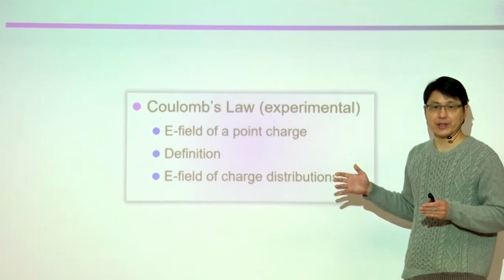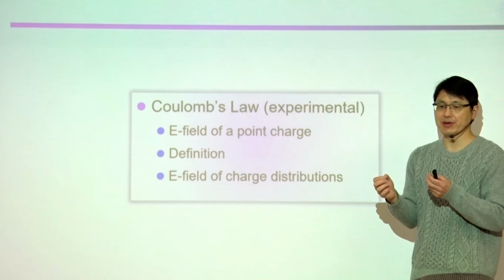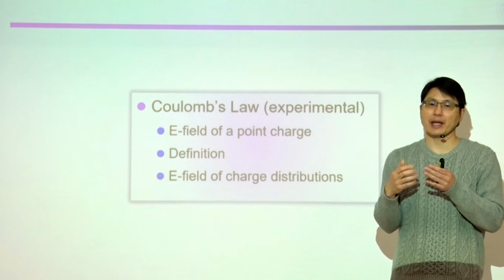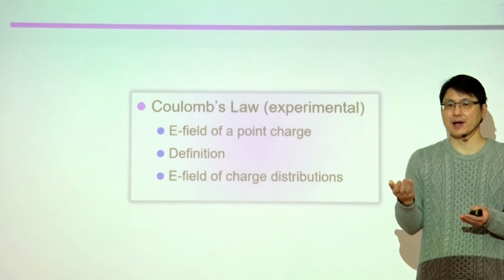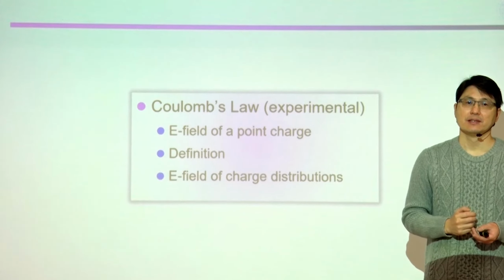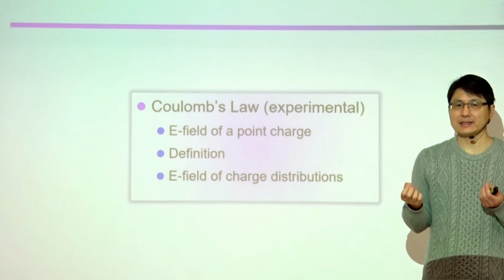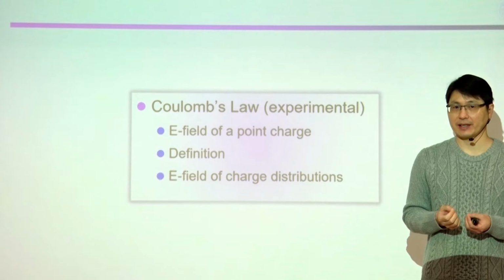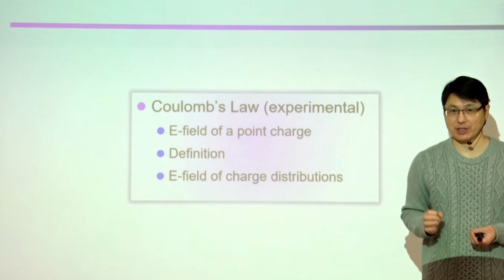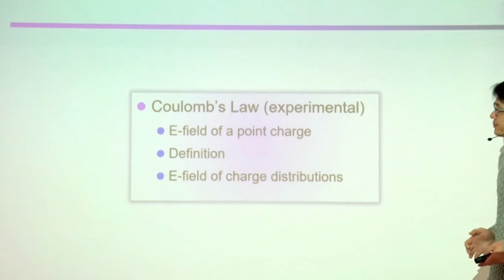More than 100 years ago, people performed experiments, and based on their experimental results, they were able to come up with some equation, a law, to find out the quantity of the E field intensity for a given charge. So that's really remarkable, more than 100 years ago.